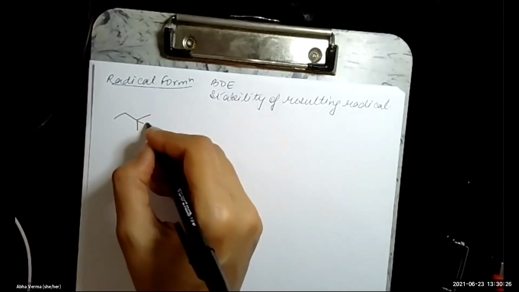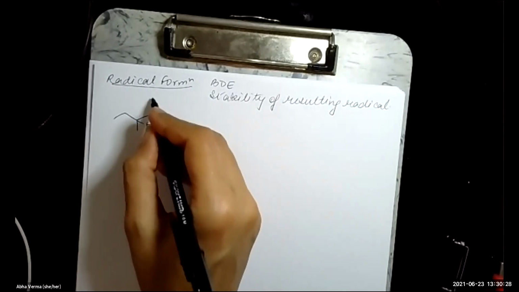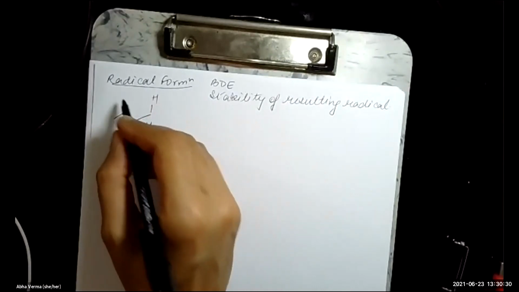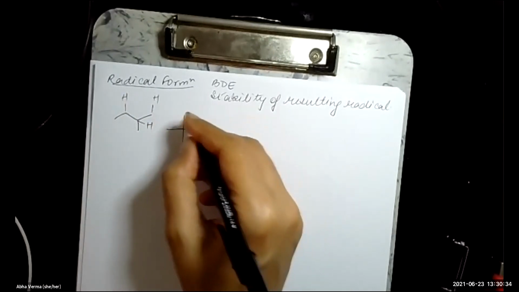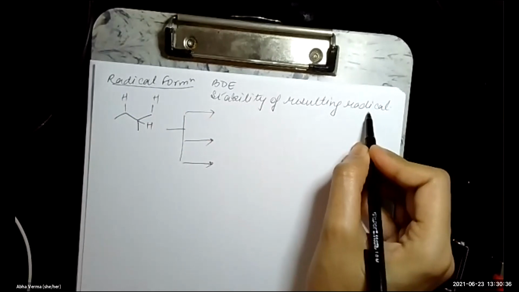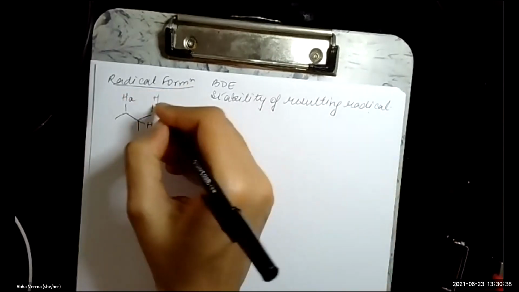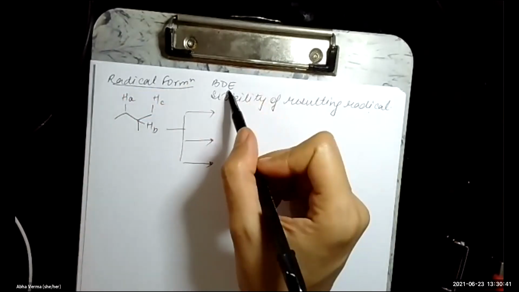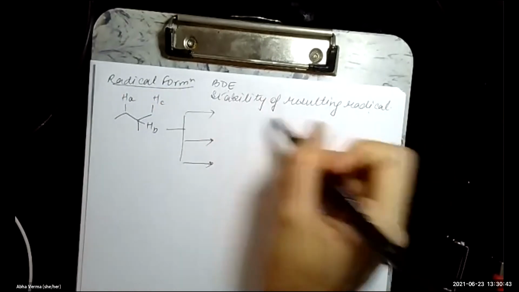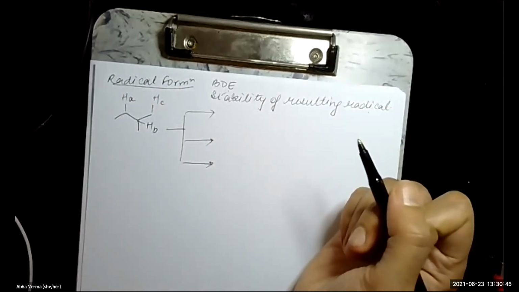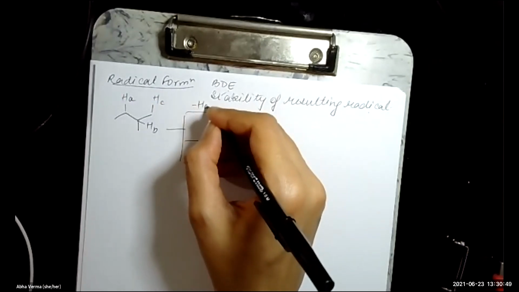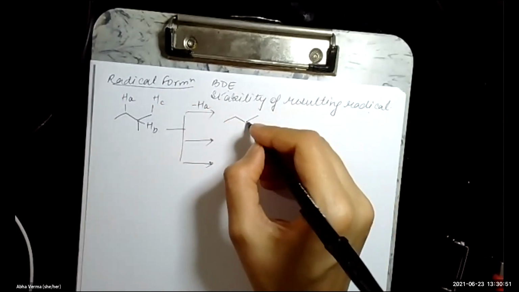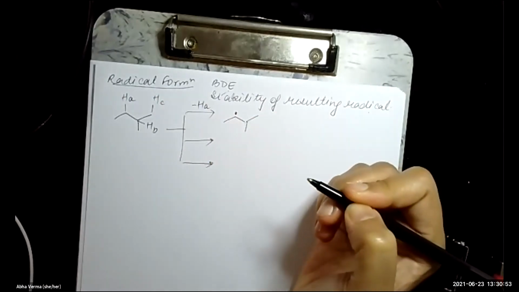Do I take it out from a tertiary location or a primary location or a secondary location? Let's look at all of these resulting radicals, A, B, and C. So let's say I don't know my bond dissociation energy, but I do know the stability of my radicals. So let's take out minus HA, that I have a secondary radical here.